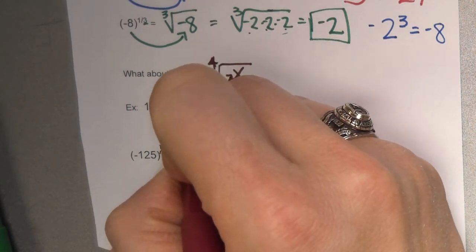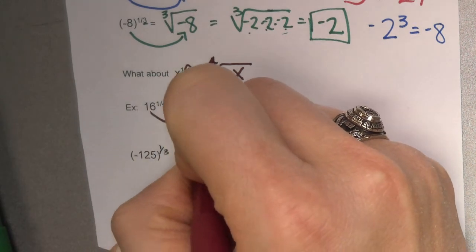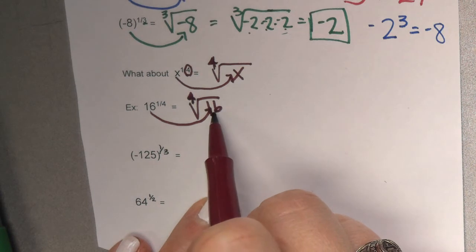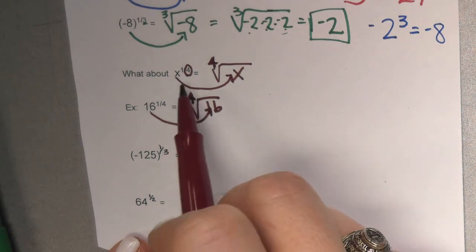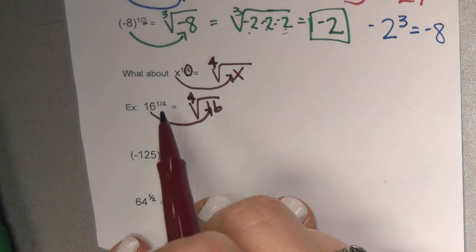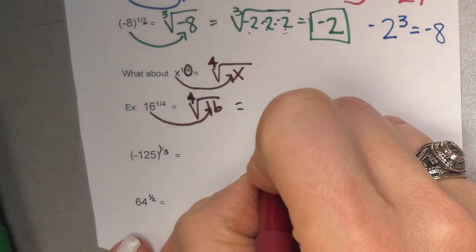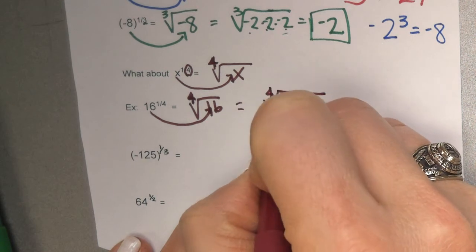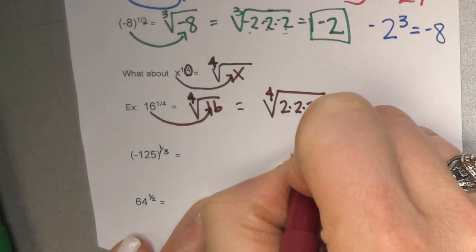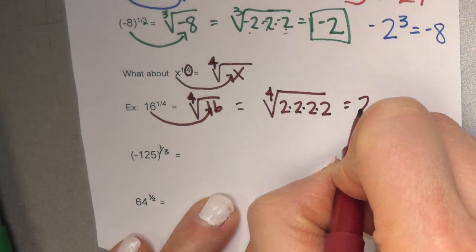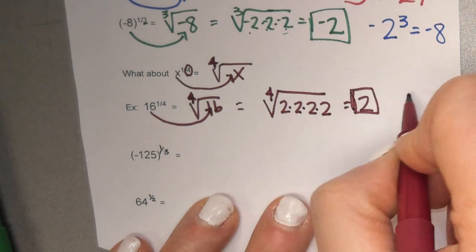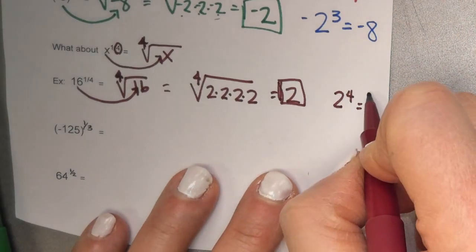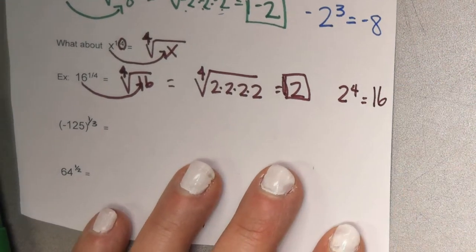We're on a 4th root. And we're going to put 16 here. And we have to ask ourselves, what times itself 4 times equals 16? Well, that's a 2. 2 times 2 times 2 times 2. So 2 is our answer. And we could check it by 2 to the 4th, doing the opposite, the inverse, I guess I should say, is 16.